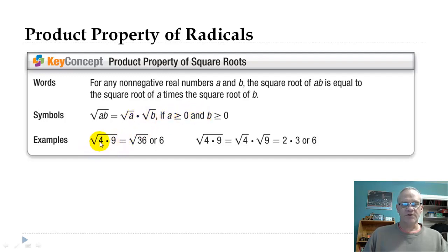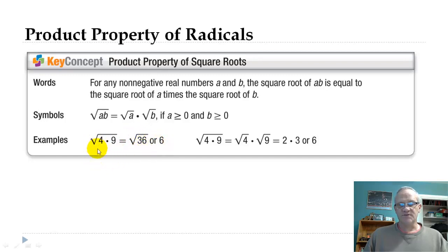So for example here, they break this down. Well, actually, this is a pretty simple example here. But notice if you have the square root of 4 times the square root of 9, well, 9 times 4 is 36. So you could say, oh, the square root of 36 is 6.